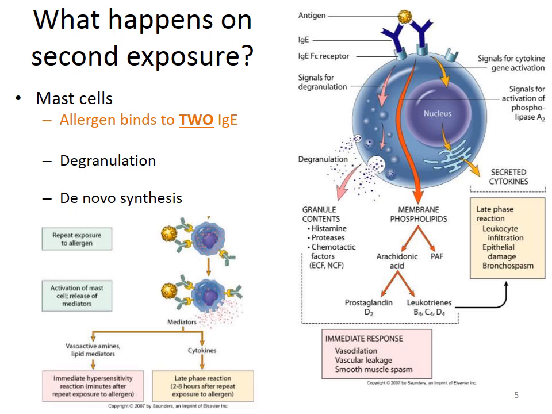These late phase activities are things like recruiting leukocytes, epithelial damage, and even bronchospasm. In contrast, the immediate response that comes from these granular contents are things like vasodilation, vascular leakage, and smooth muscle cell spasm.